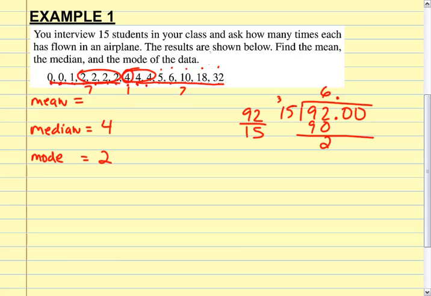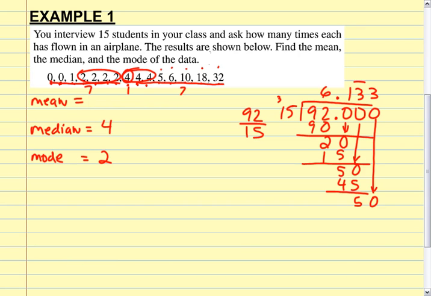Now, subtract. That gives me 2, and I bring down my 0. 15 into 20 goes once. 1 times 15 is 15. Subtract. That's 5. Bring down my 0. 15 into 50 goes 3 times. 3 times 15 is 45. Uh-oh. Looks like it's repeating. Right? Because now I'm going to get a 50 again.